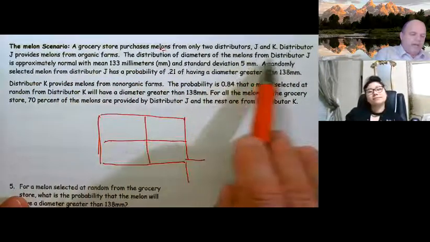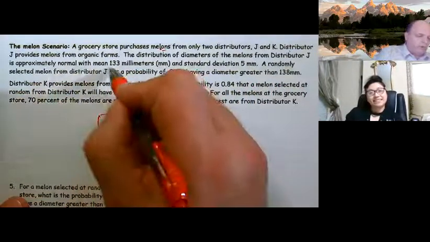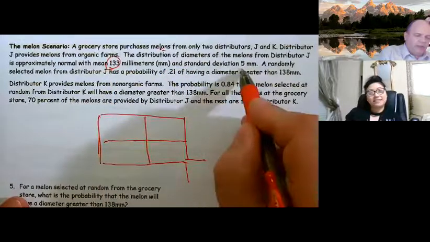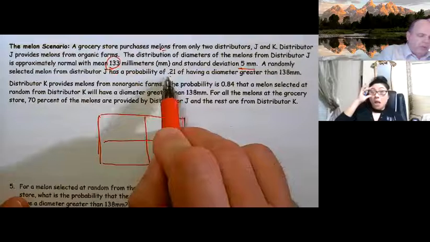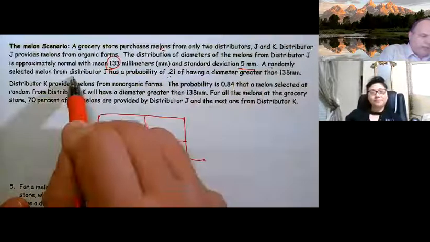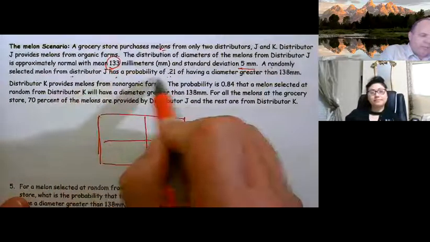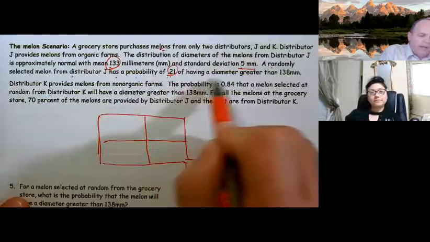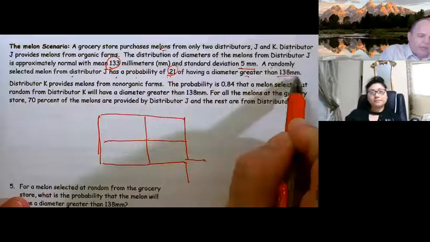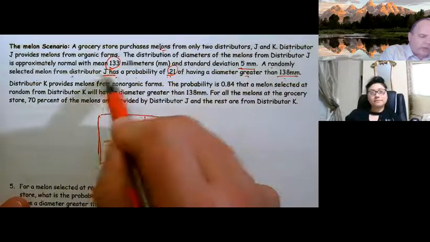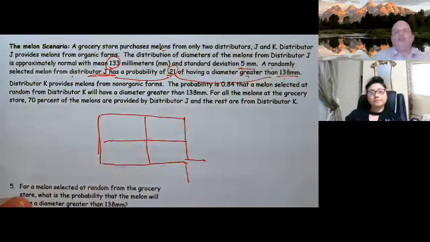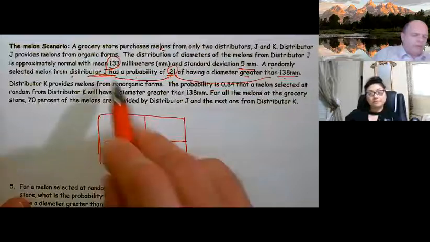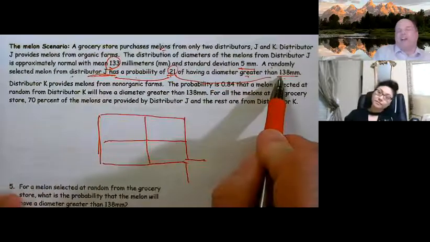A grocery store purchases melon from two distributors, J, etc. We look at the numbers with a mean of 133, standard deviation of 5. A randomly selected melon from distributor J has a probability of 0.21 of having a diameter greater than 138. As soon as I look at this, I go, you know what? This right here is associated with two variables. It's associated with coming from a distributor and size.